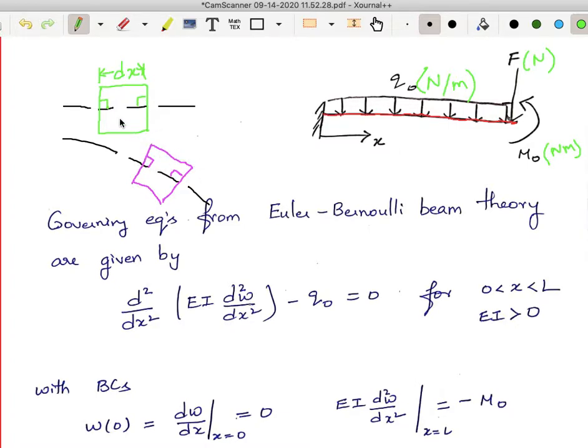Now if these angles do not change, then what kind of deformation are we assuming? We are assuming pure bending. Why is that so? If you take a material element which looks like this, in 2D, what kind of deformations can it undergo?